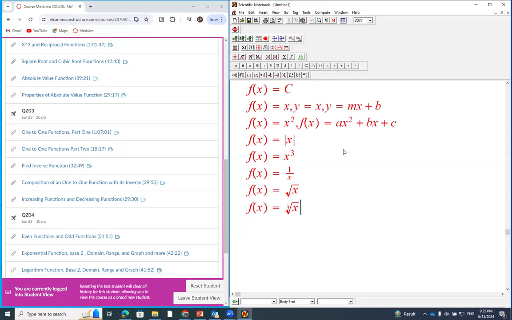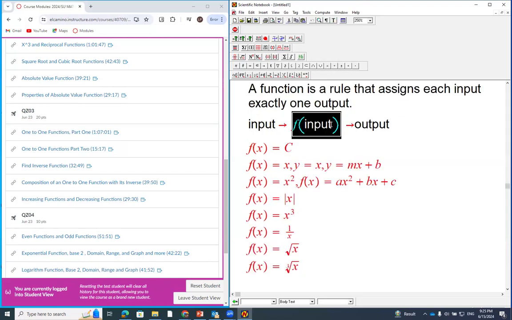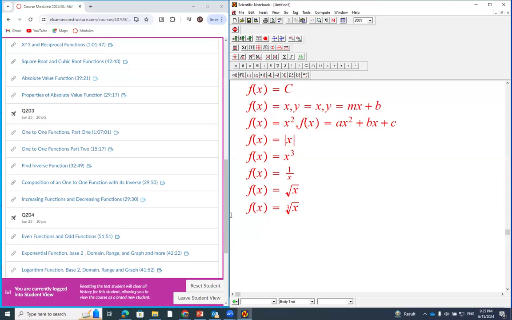The next functions we're going to study are exponential functions: 2 to the power x, 3 to the power x, e to the power x, et cetera. And logarithm functions.